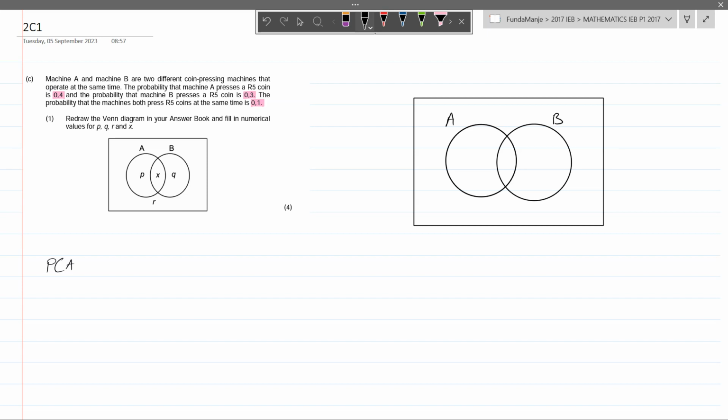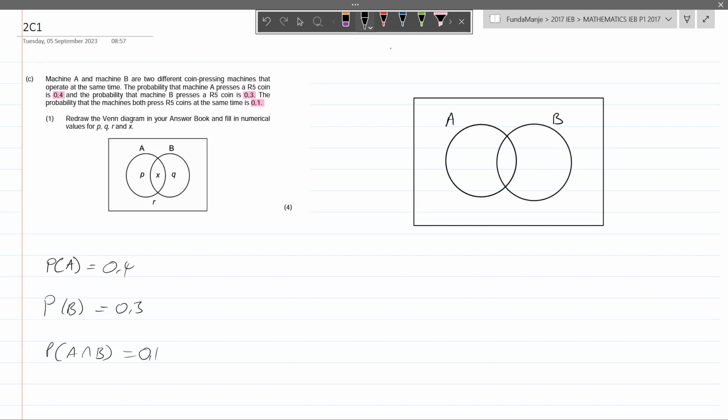The probability that machine B presses a 5 Rand coin is 0.3, and the probability that both machines press 5 Rand coins at the same time is 0.1. So the probability of A and B both pressing 5 Rand coins will be 0.1.